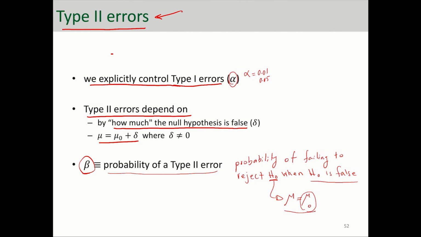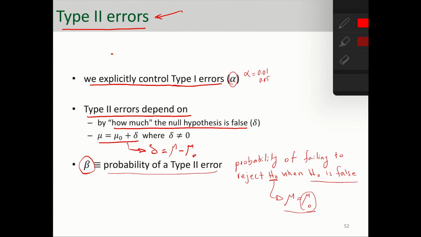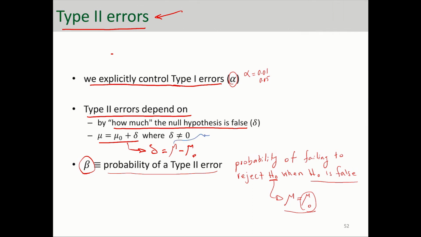And as you can see from here, delta is mu, which is the true population mean, minus mu naught, hypothesized mean. So let me reiterate that. Mu is the true population mean that we don't know about.